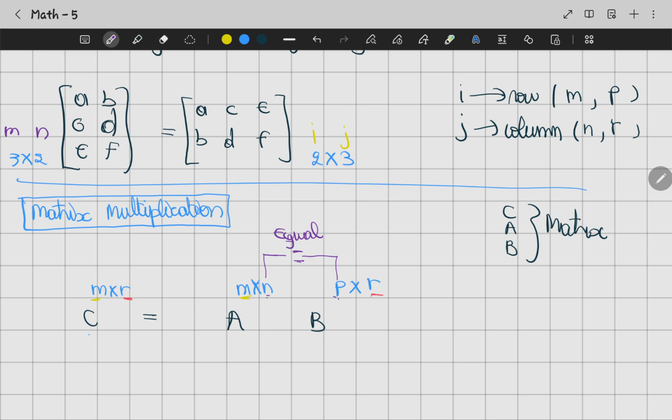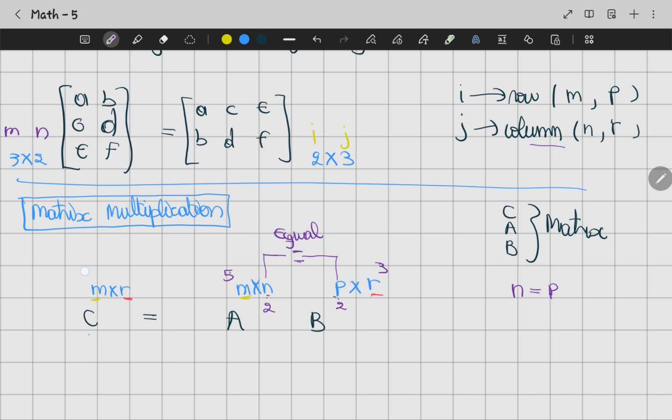If this one equals 2, this one also has to be equal to 2. If we have two columns, so we need to have 2, p and n have to be equal in size.